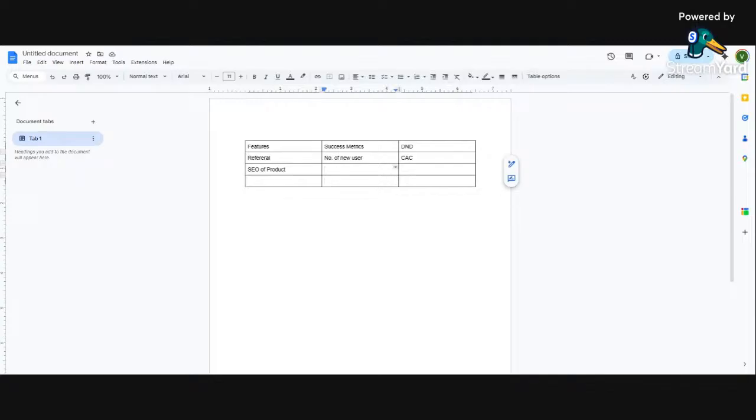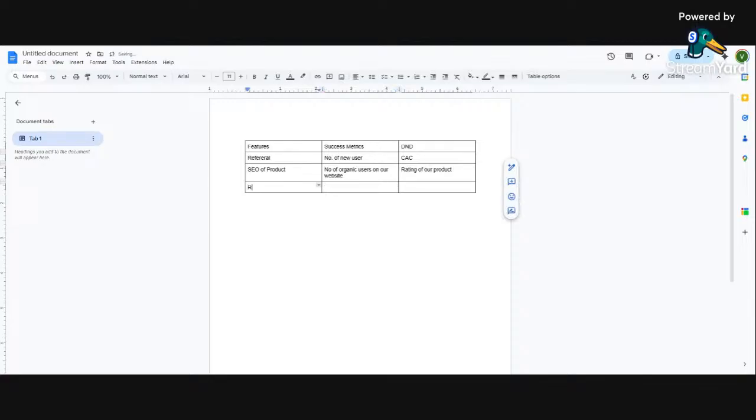Now, in this case, what could be the possible success metric? It could be the number of organic users on our website, but it should not affect the D&D. It could be the rating of our product. Although they are able to explore us, it should not negatively affect our product.